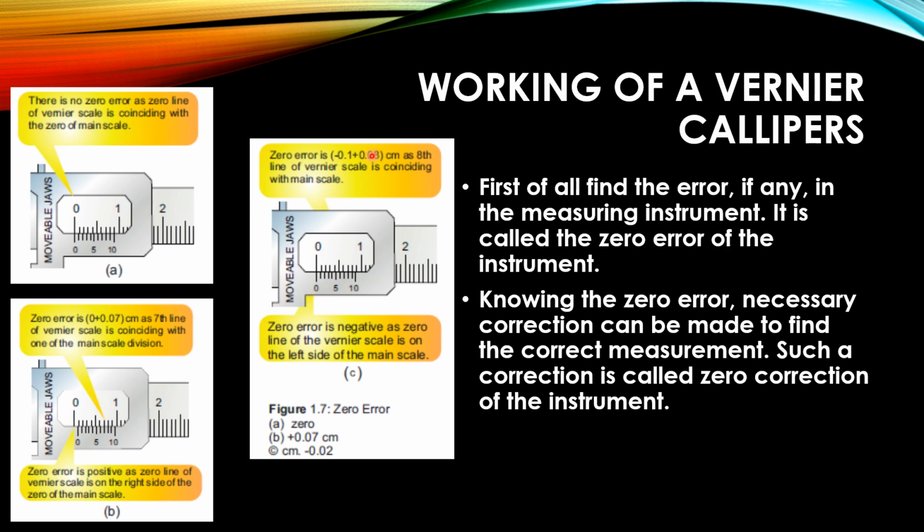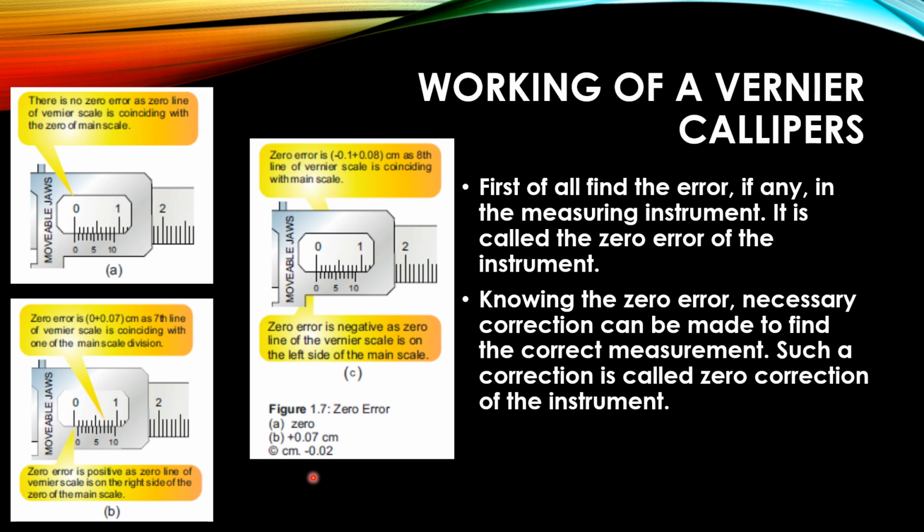So what will we do? We will subtract 0.08, which is the coinciding division multiplied by the least count, from the minus 0.1, and we will get the value minus 0.02, which is the negative zero error.